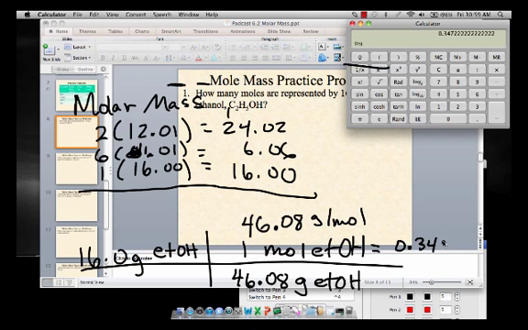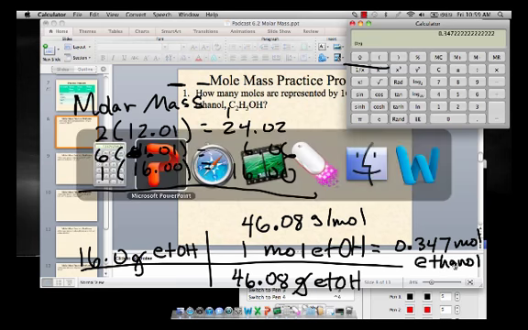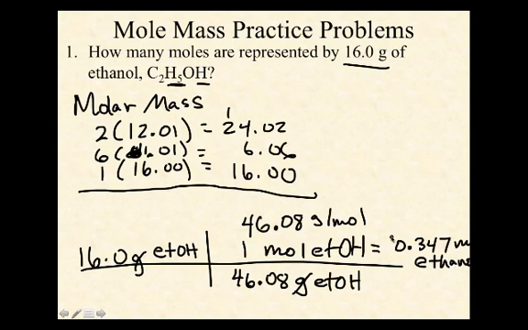The 2 is not going to make us round up. Yeah? So I canceled out my grams. That means I got to moles, and I answered the question. Moles of ethanol is 0.347. Put a box around your answer because that's the way I like it.